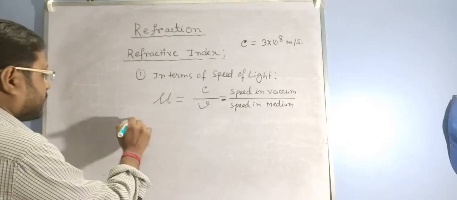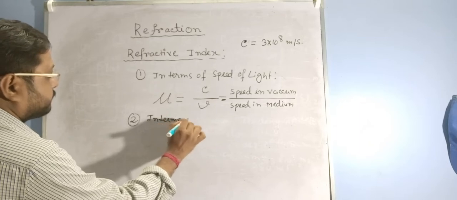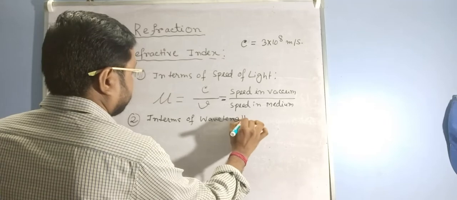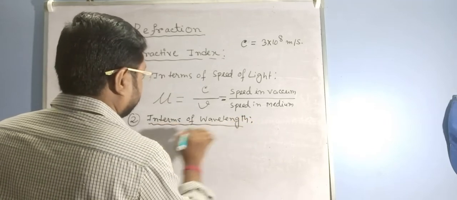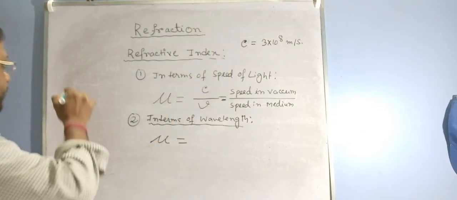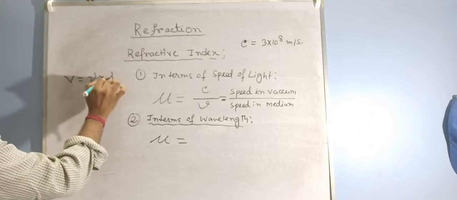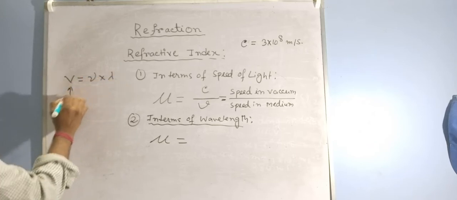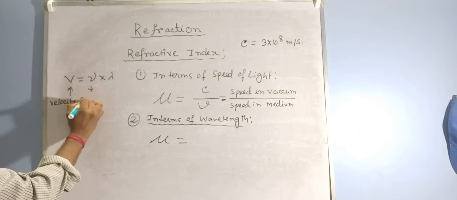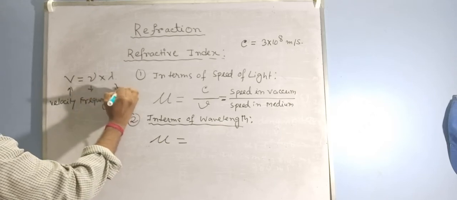Now, in terms of wavelength, mu equal to, we know that velocity v equal to nu into lambda. v is velocity, nu is frequency, and lambda is wavelength.